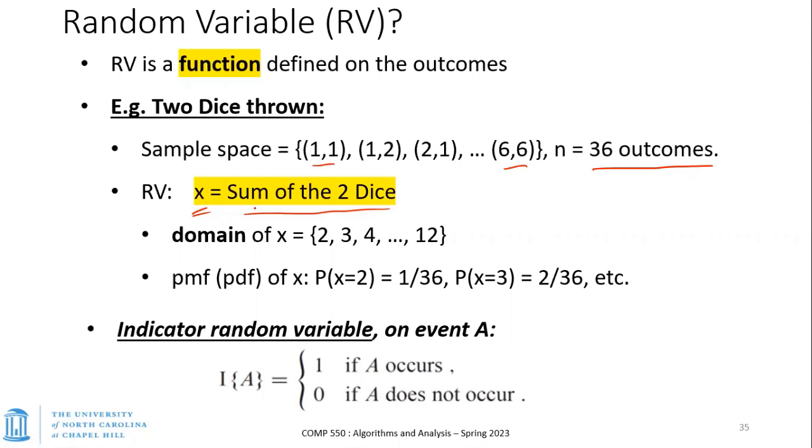So X is now a random variable defined as a function on the possible outcomes, and now we talk about the domain of X. The domain of X is all the possible values. Because it's a sum of the two dice, the least could be 1 plus 1, which is 2, and the maximum could be 6 plus 6, which is 12. That's how it's defined.